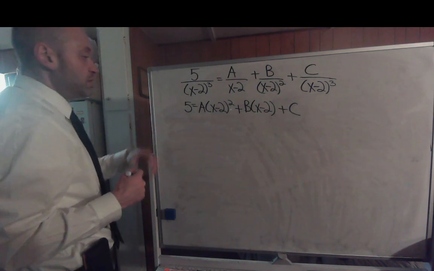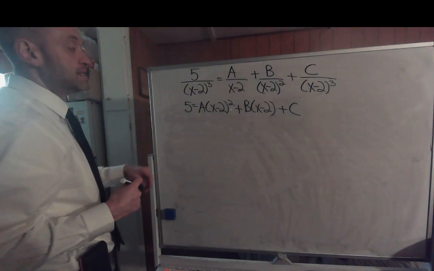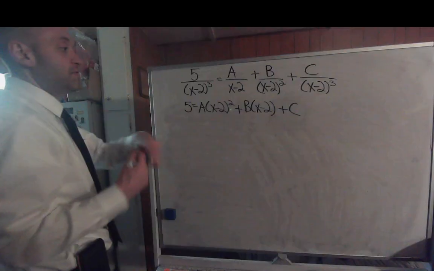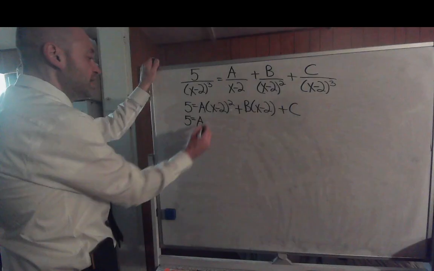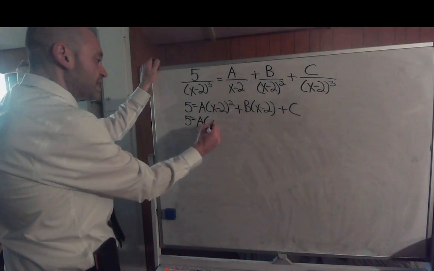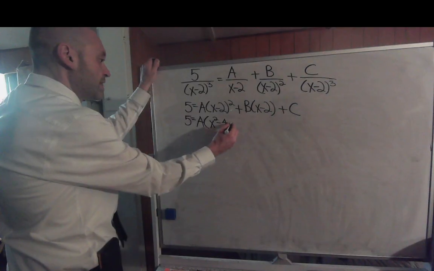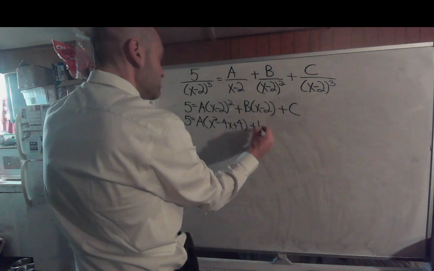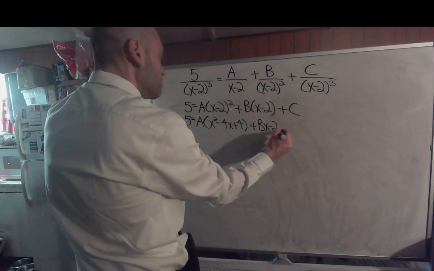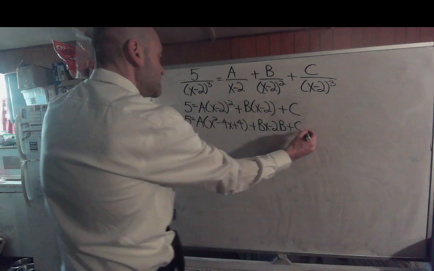So now we need to go ahead and simplify the right-hand side. So 5 is going to equal a times x squared minus 4x plus 4, plus bx minus 2b plus c.